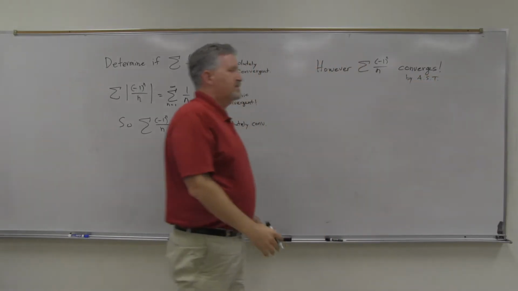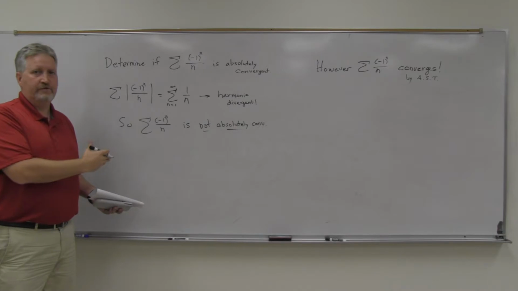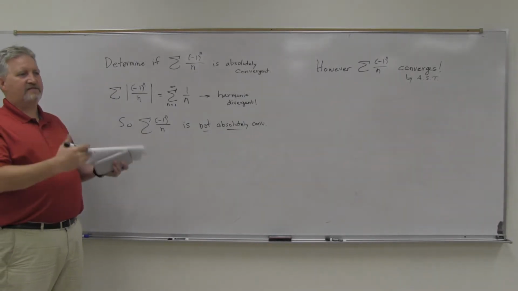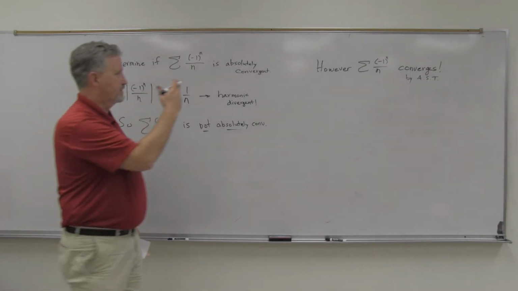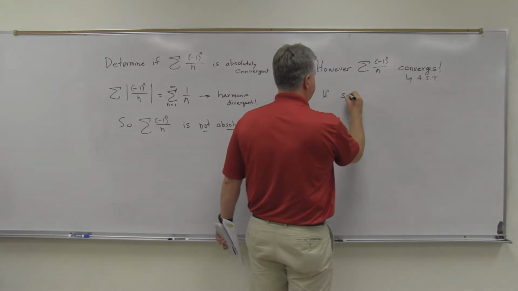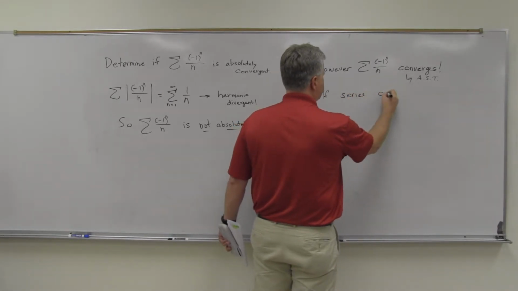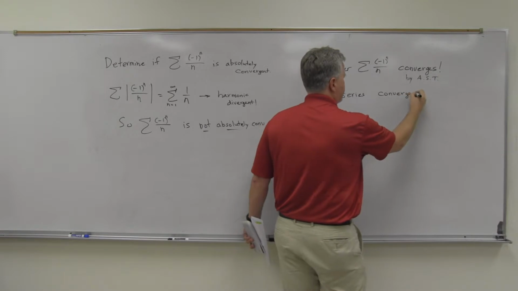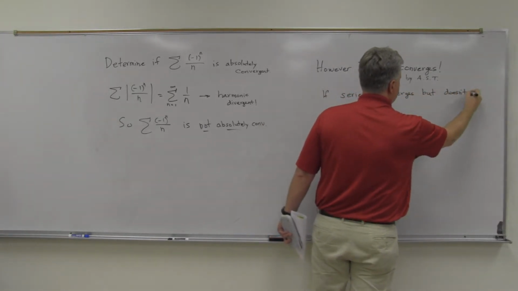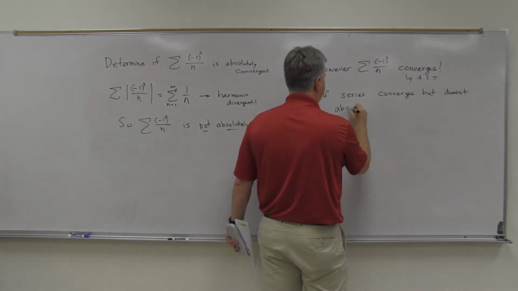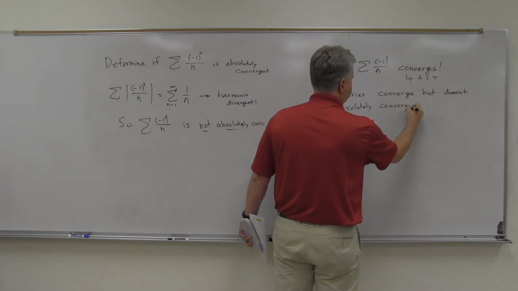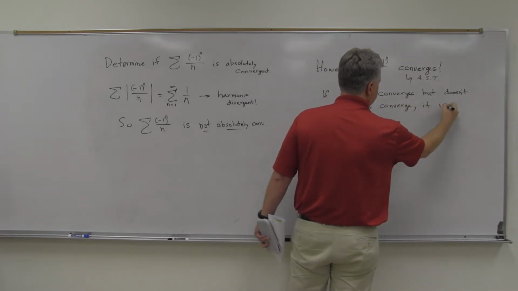So what does it mean when you have a series that's not absolutely convergent, but does converge? The way the book phrases it, that series is conditionally convergent. It's not absolutely convergent, but it is convergent. So if a series converges but doesn't absolutely converge, it's said to be conditionally convergent.